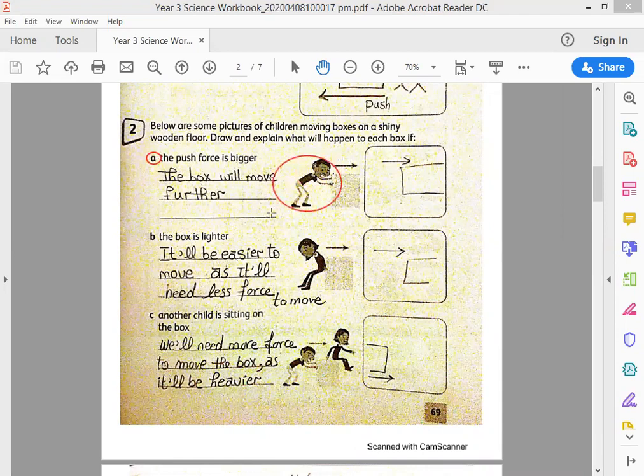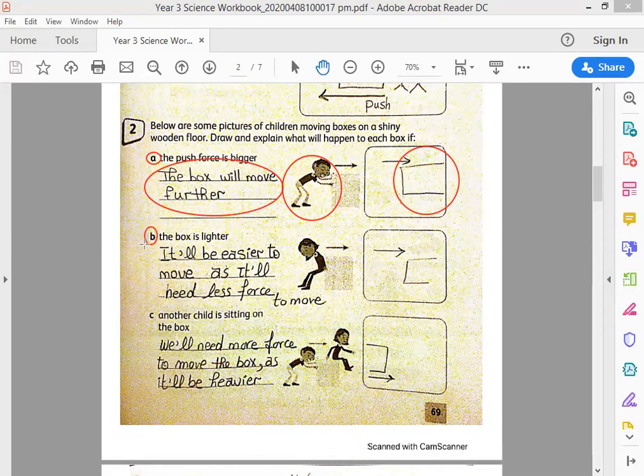If the man is pushing this box with a big force, if he pushes harder, he is going to move the box a further distance. So as I draw here, I place the box at the end of the picture because the box will move for a longer distance because the man is pushing with a bigger force.